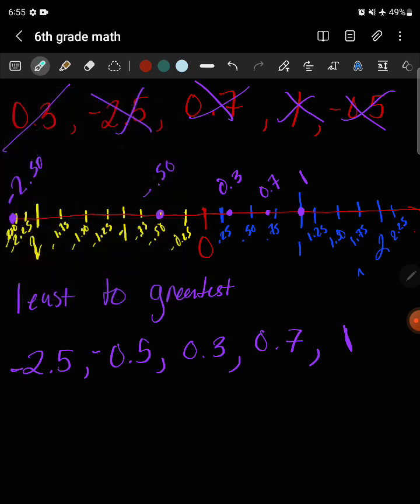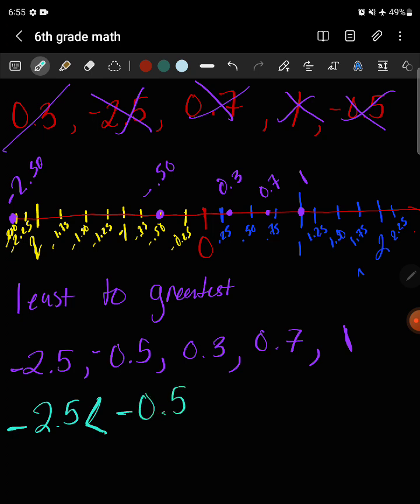All right. So I have -2 and 5/10. Well, negative 2 and 5/10 is the smallest value number that we have, so it is going to be less than negative 5/10.